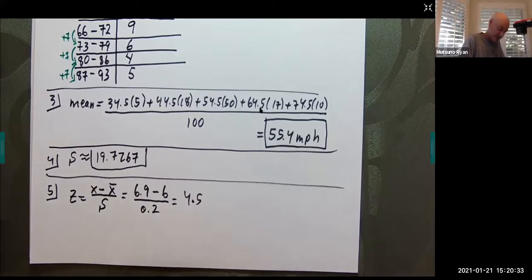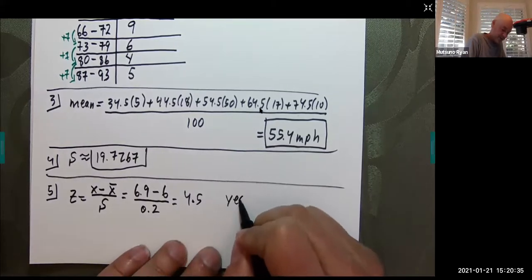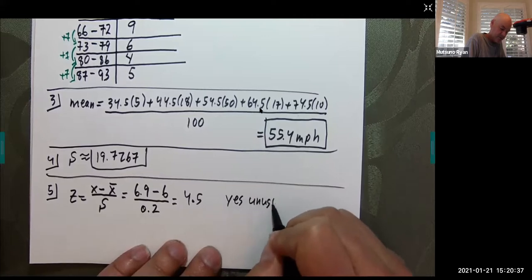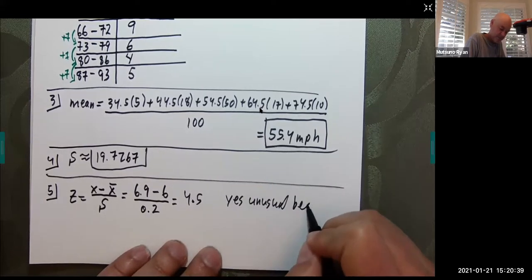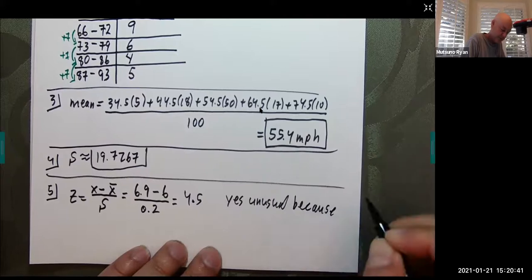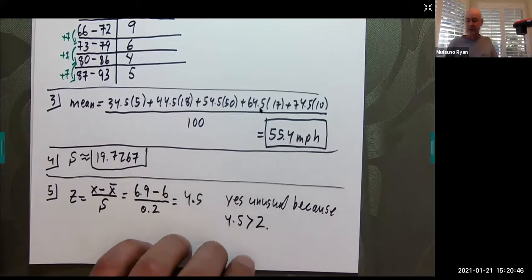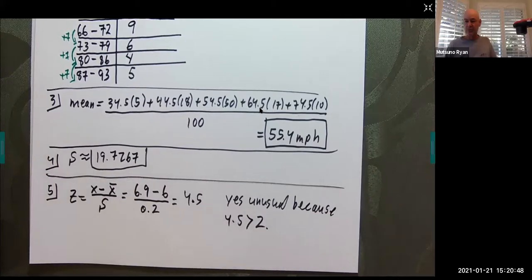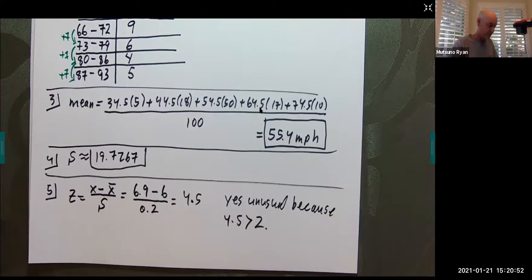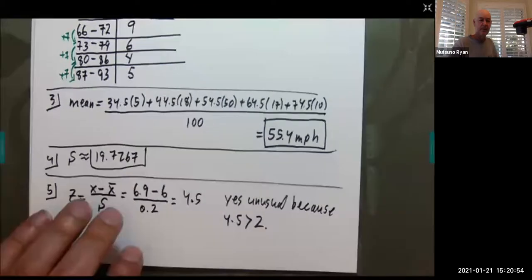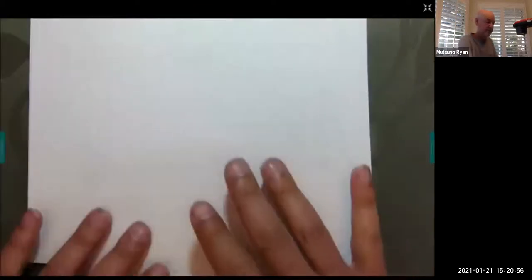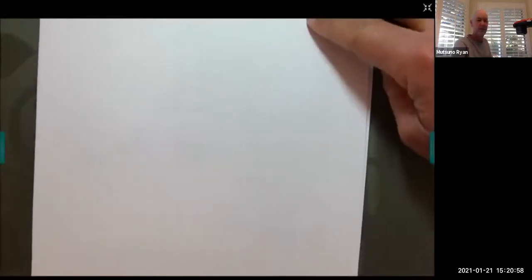And the answer is yes, unusual, because 4.5 is bigger than 2. So between -2 and 2 is considered a usual z-score. So let's flip this, get this into the shot.